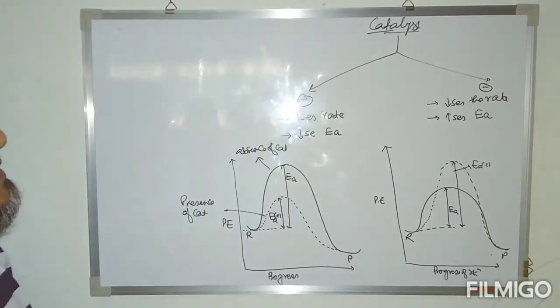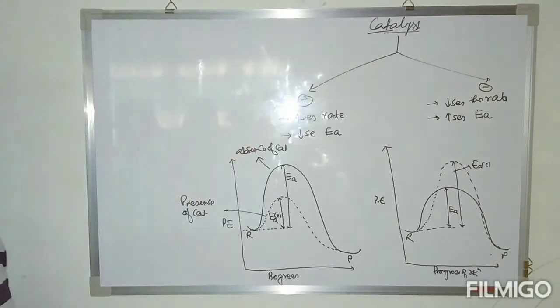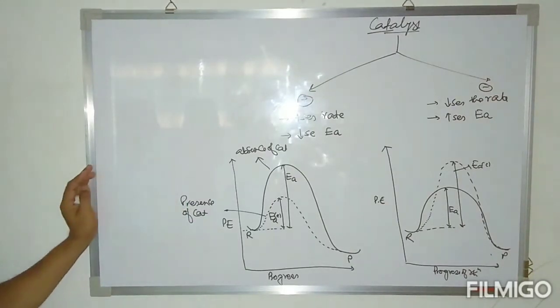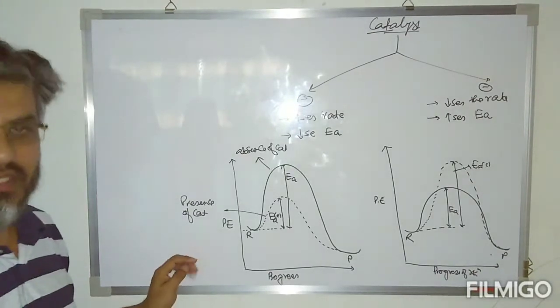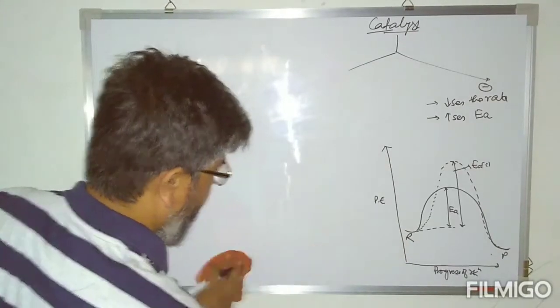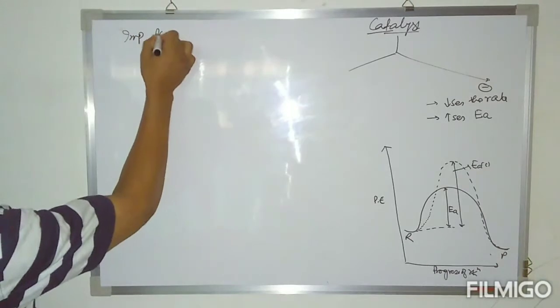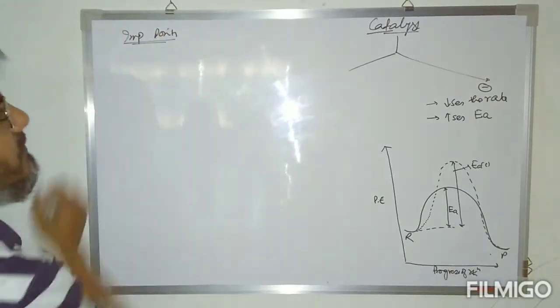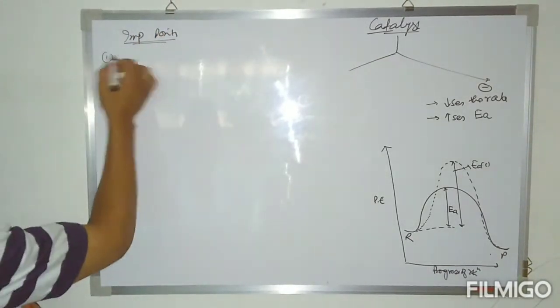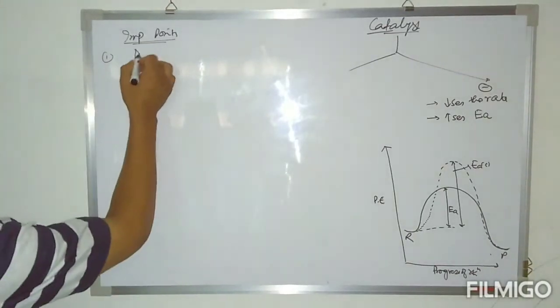Now during the course of this reaction in which this catalyst is used, how does this catalyst change the thermodynamic parameters or equilibrium state or the equilibrium concentration, etc.? So the most important point to remember is that catalyst does not affect thermodynamic parameters.